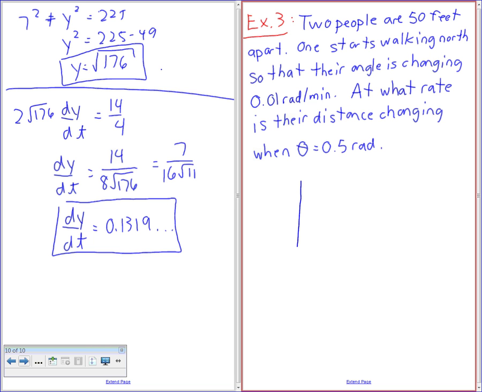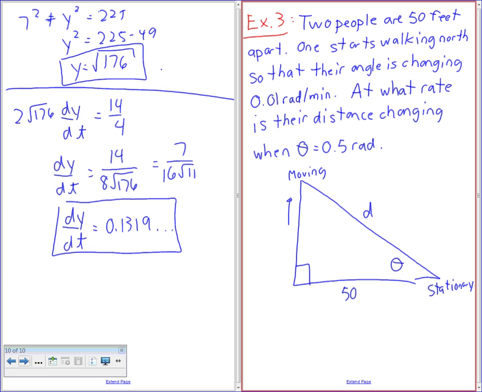I'm going to give you the diagram for this one. So it starts at 0, because we're going to be like 50 feet apart.